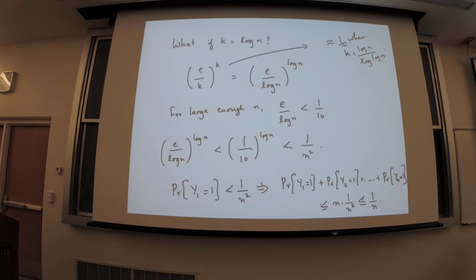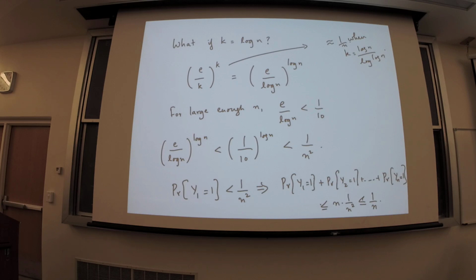And you can make it become like 1 by root n if you want, and then it will tell you that there are root n bins that have k balls, where k is that log n by log log n. And that's one way to see this. So in expectation there are root n.